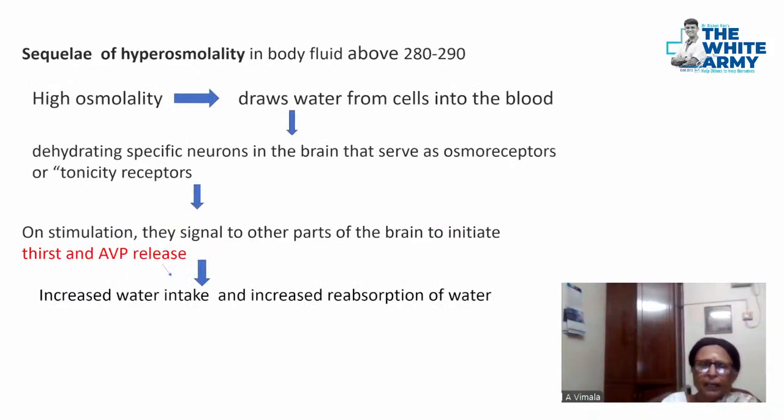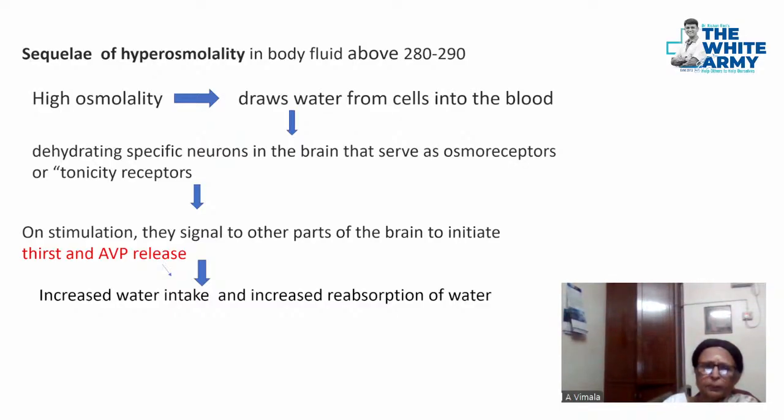So what happens when the osmolality increases? The threshold value is 280 to 290. So when it is allowed to go beyond 290 by failure of the defense mechanisms, it draws water from cells into the blood.